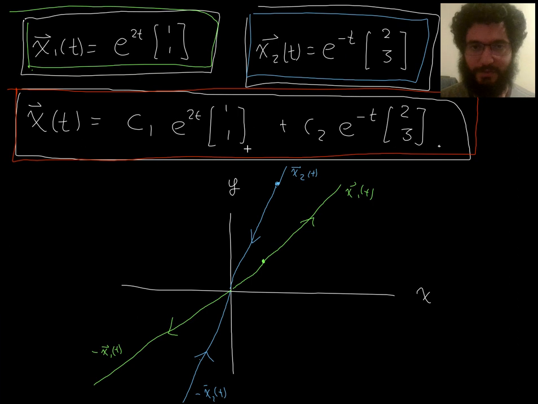So what we looked at just now are two special cases, the green and the blue special cases. And now I'd like to look at the general case. What if our initial conditions don't start quite on either of these lines, but they start either here or here or something like that? So I'm going to use red for that.